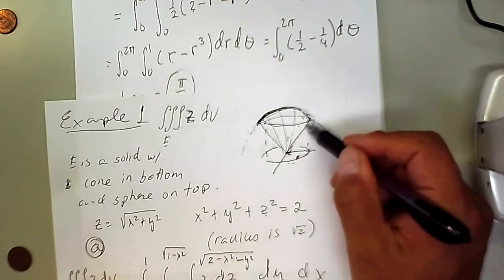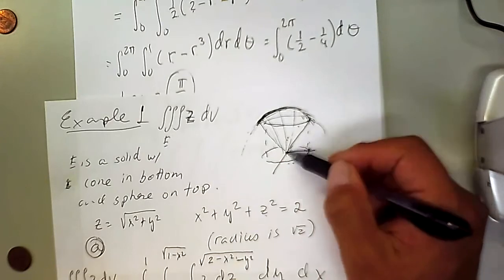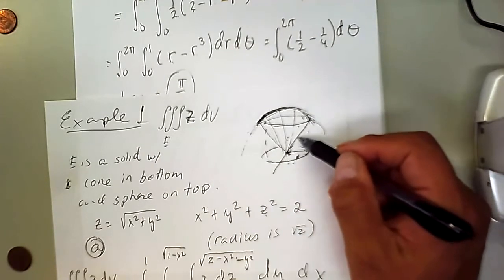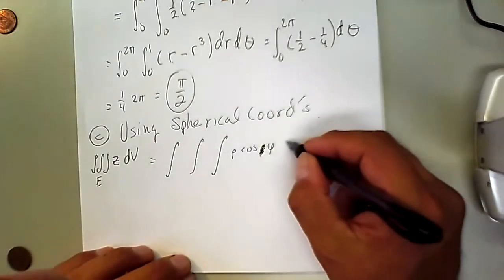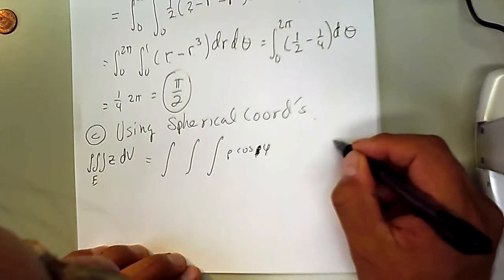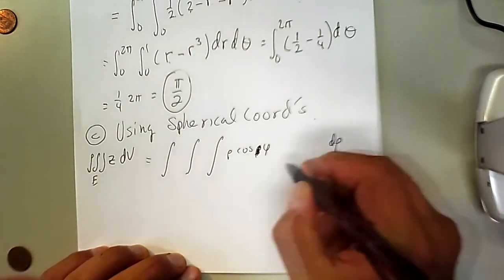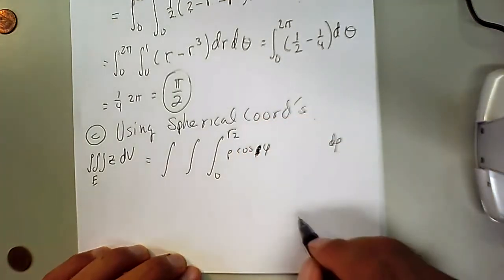But this is longer. This takes into account the 1 plus more on a diagonal, and that is the square root of 2. So if we integrate, I'm going to put d rho from 0 to the square root of 2. Very, very important.